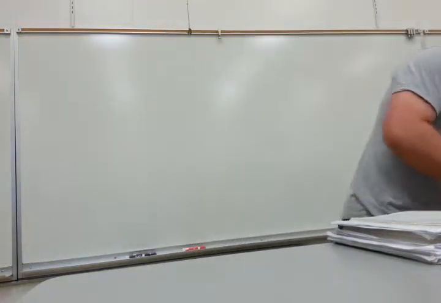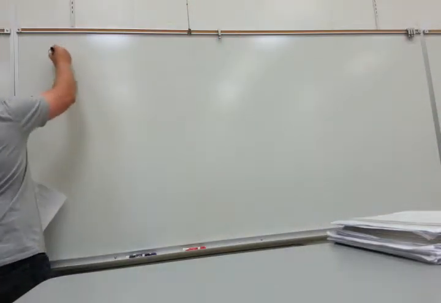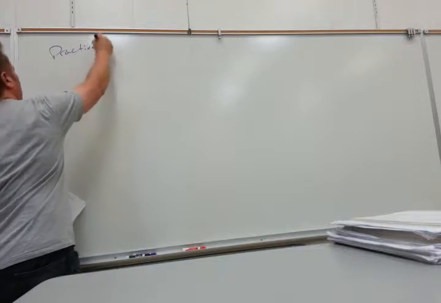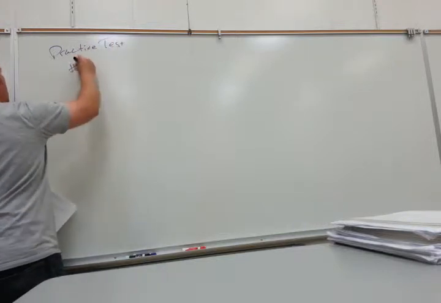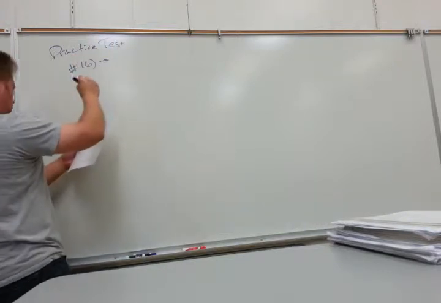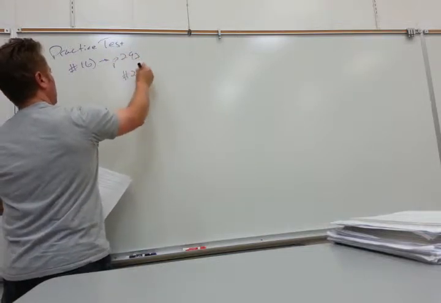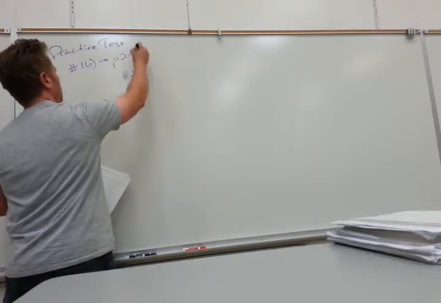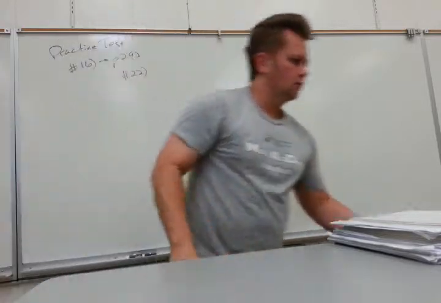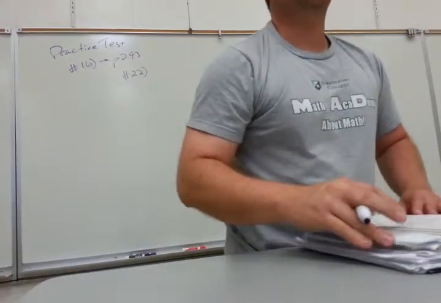So this is number 16 on the practice test. And that references page 293, number 22, the volume of the shelter.